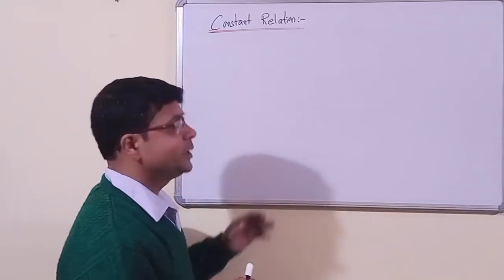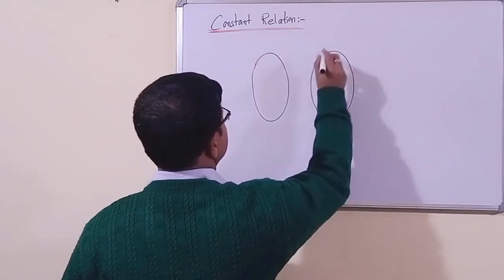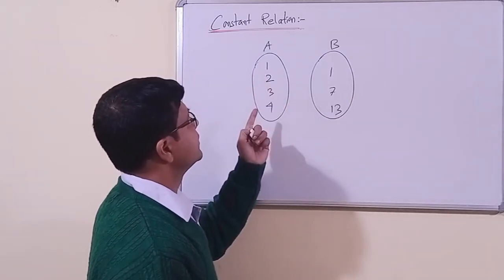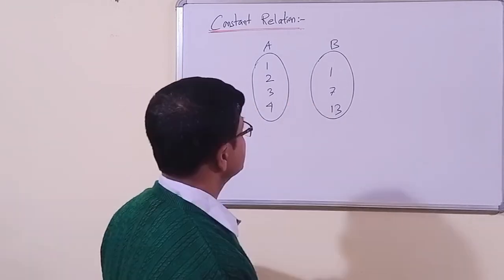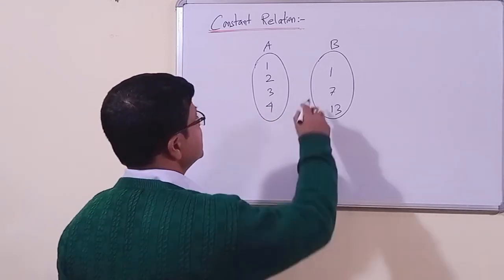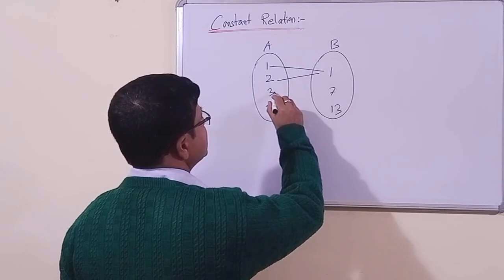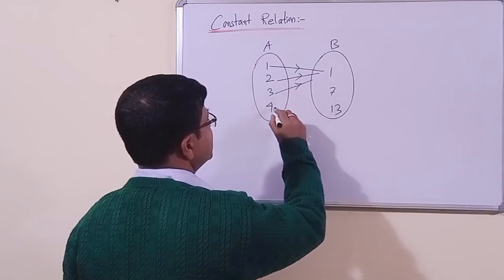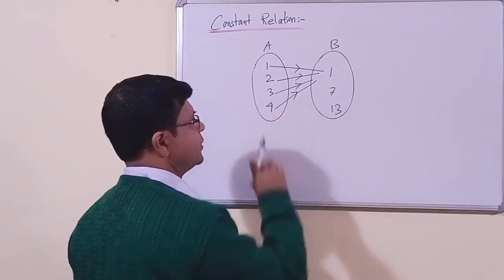Actually this will be the last topic, constant relation. We take two sets, set A and set B. In this way we have taken two sets. In set A the elements are 1 2 3 4, in set B the elements are 1, 7 and 13. Suppose we want to relate them in terms of factors. 1 is a factor of 1, 1 is a factor of 2, 1 is a factor of 3, 1 is a factor of 4.